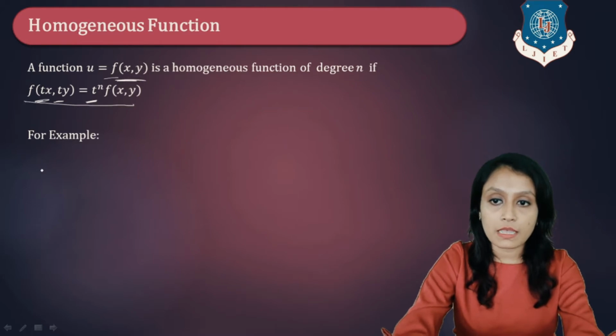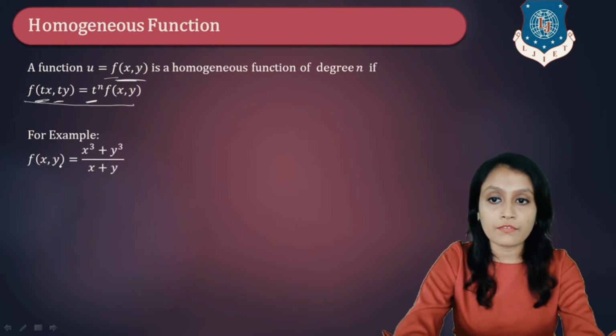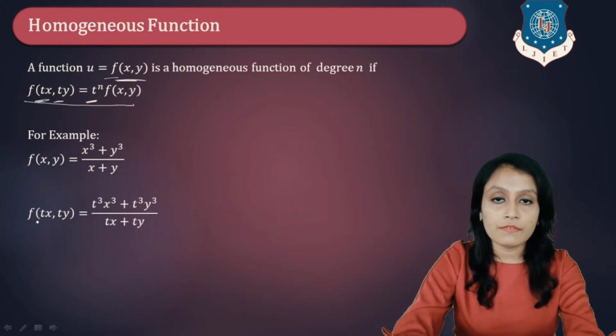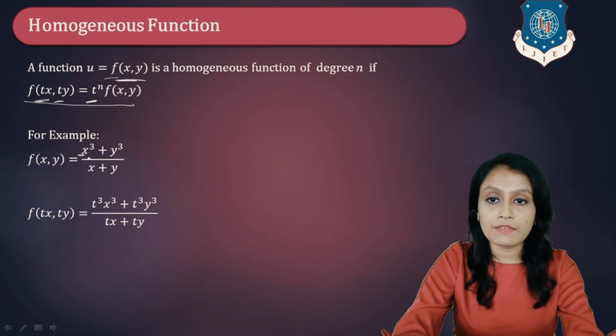Let's see one example: f(x,y) is given by (x^3 + y^3)/(x + y). Firstly we will find f(tx, ty). In place of x we will write tx and in place of y, ty. So it will become (t^3 x^3 + t^3 y^3)/(tx + ty). Take t^3 common from the numerator and t common from the denominator.